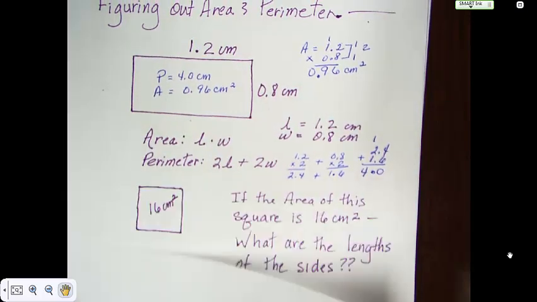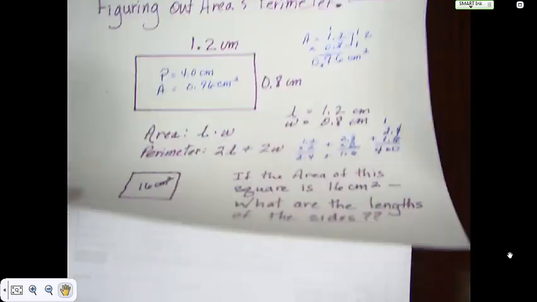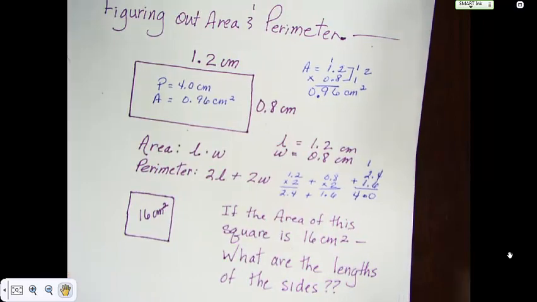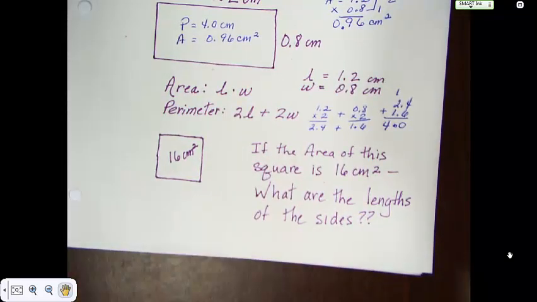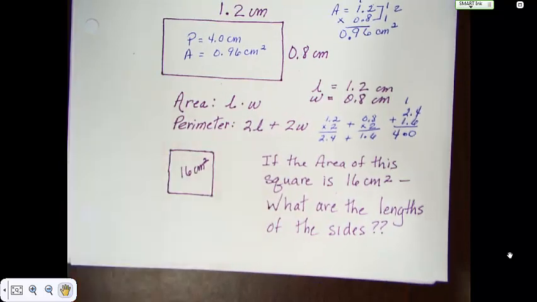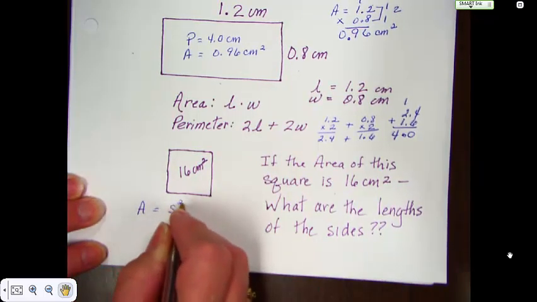Okay? All right, very last question I want to ask about this is, if you have a square, and its area is 16 centimeters squared, what are the lengths of the sides? Think about that for a second. We get area by taking side squared.